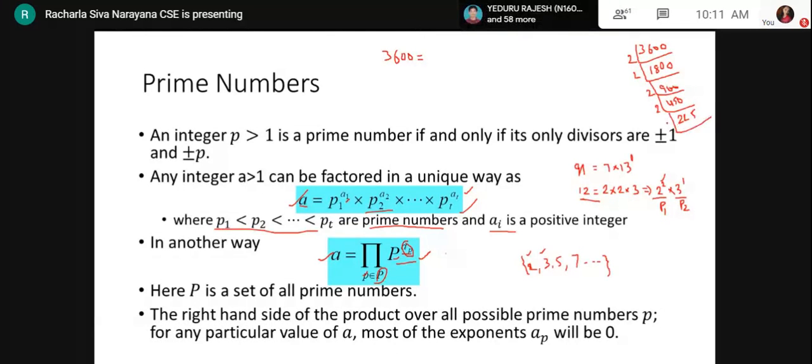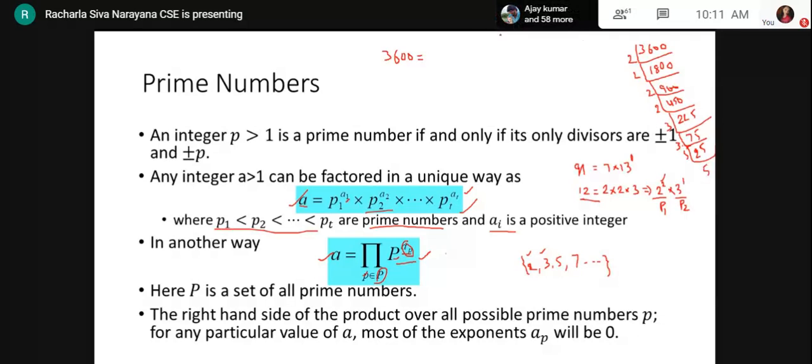Next 3, so 75, next again 3, 25, next 5, so 5 fives, 25.